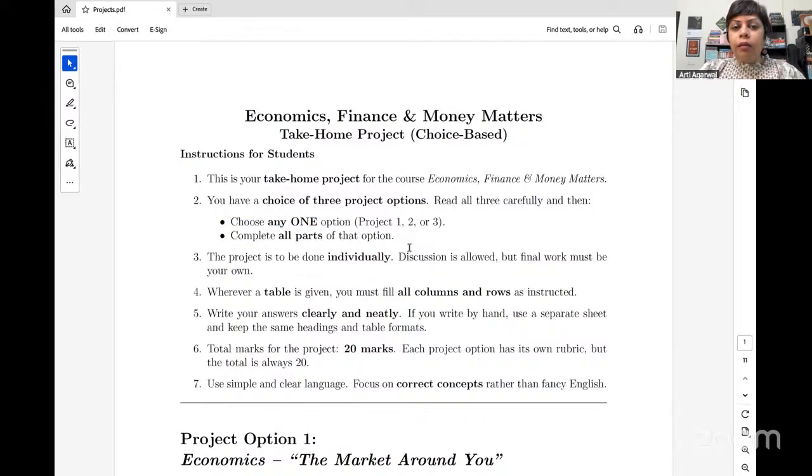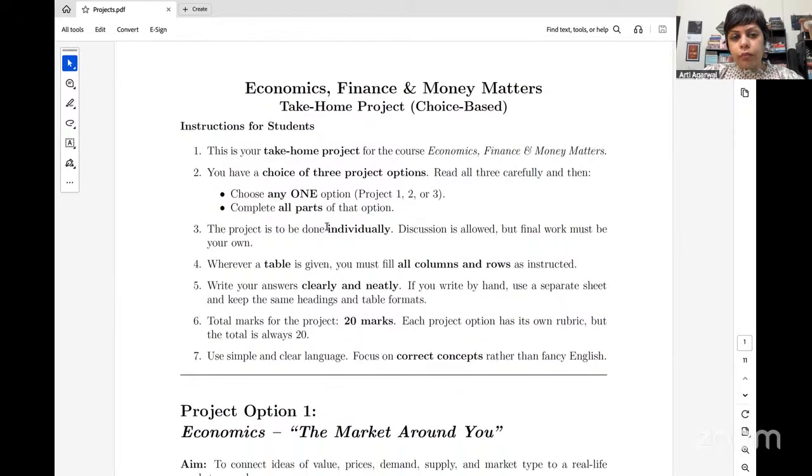Okay. And this is just to let you guys pick whatever you are most comfortable with, whatever you're most able to do most easily. But whichever option you choose, please note that you're supposed to do this project entirely by yourself.